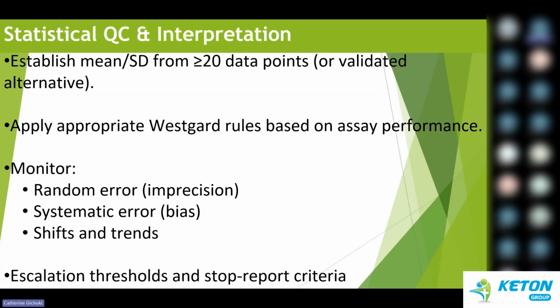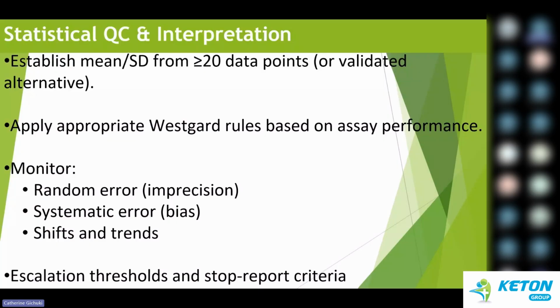What you find acceptable is what is normal for your lab. Usually they come with a manufacturer's range, but if you read the inserts and documentation, you are expected to establish your own mean. This is usually done after the 20 runs.